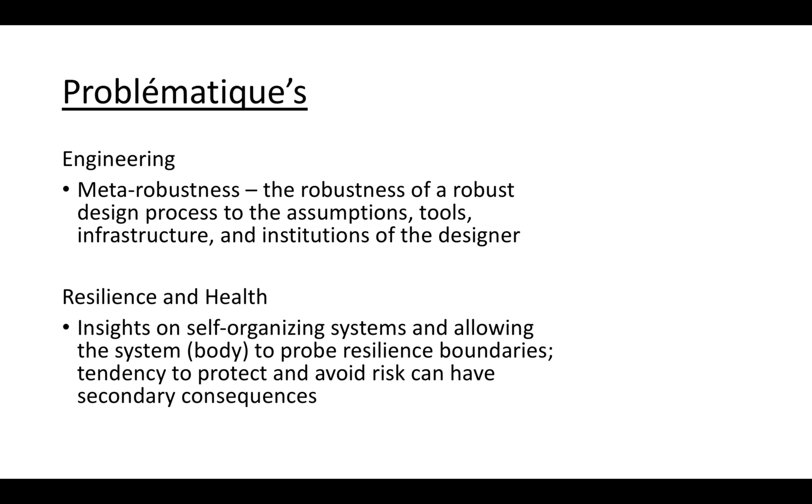So understanding and questioning the assumptions, tools, infrastructures, and institutions of the designer. Resilience and health. There are some insights here for resilience practice around self-organizing systems and allowing the system, in the case of health, the body, to probe resilience boundaries, and the tendency to protect and avoid risk can have secondary consequences.